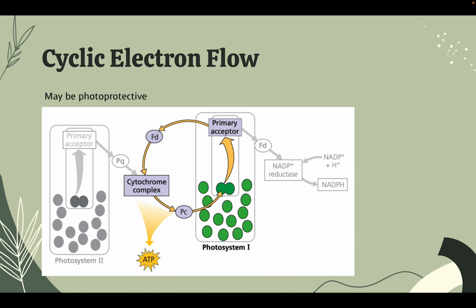So essentially, it's largely the same as linear electron flow, except when it reaches ferredoxin, instead of going to NADP plus reductase and having the electrons stay in NADPH, they get shuffled back to the cytochrome complex where they just keep on pumping those hydrogen ions on the inside and causing production of ATP.